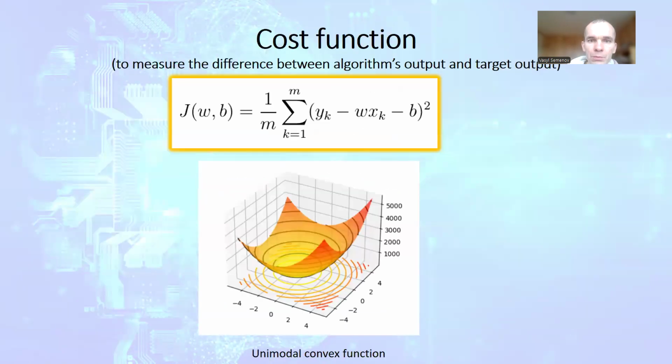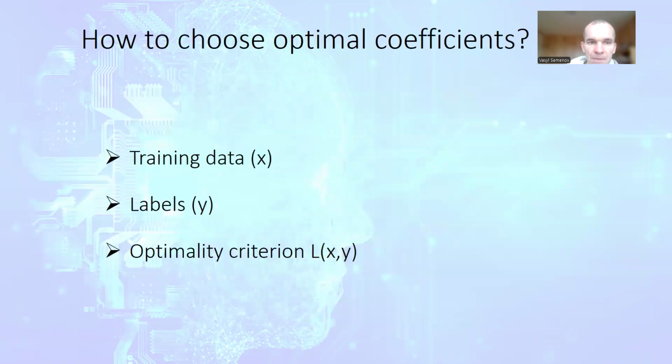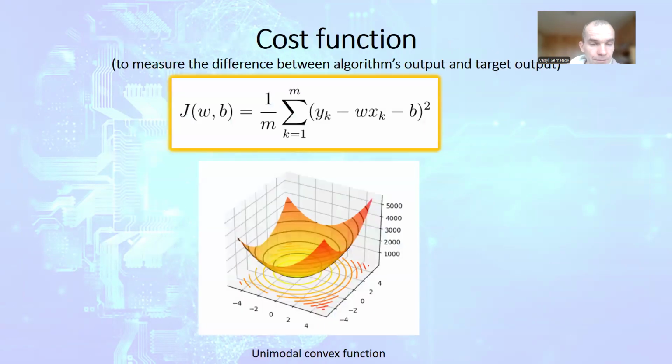So one important moment: we now have training data and labels Y, and we have to define an optimality criterion, a so-called loss function between our predictions and the factual values of the target variable Y. So what is the natural choice for linear regression?